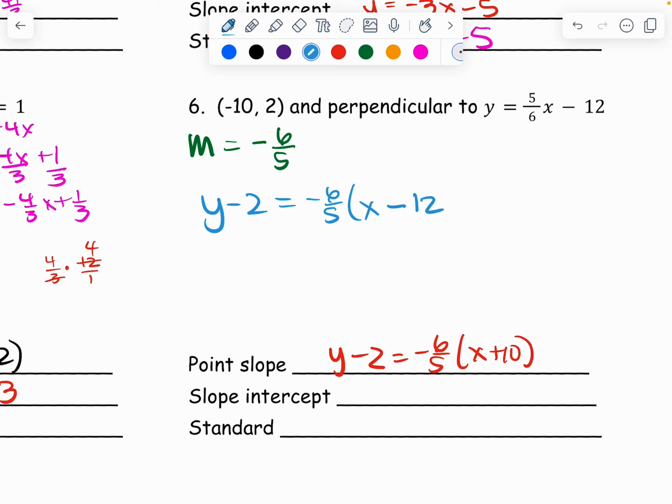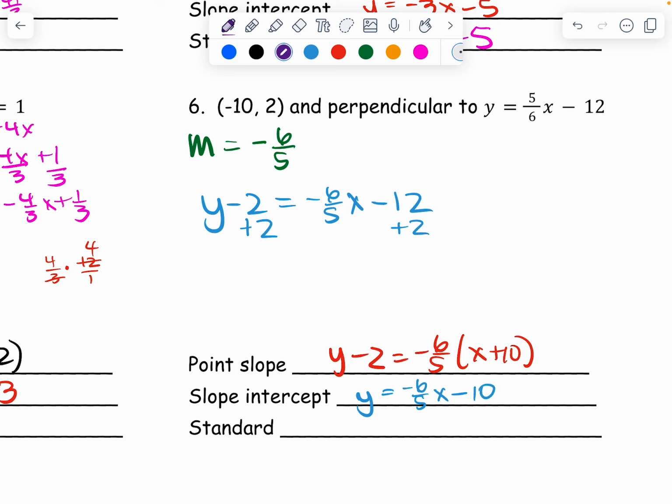Oops, I don't know why I have that parenthesis there. So x is going to be minus 12. Add 2 to both sides. Get y equals negative 6/5x minus 10.